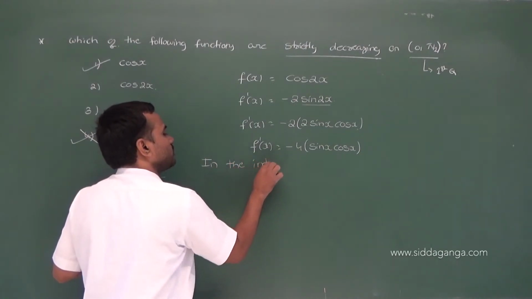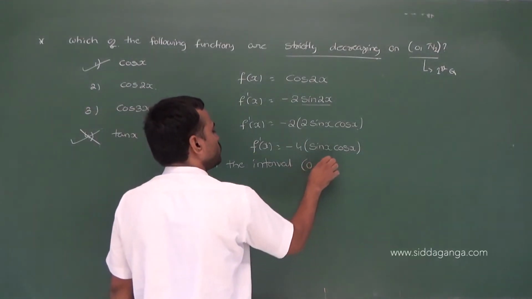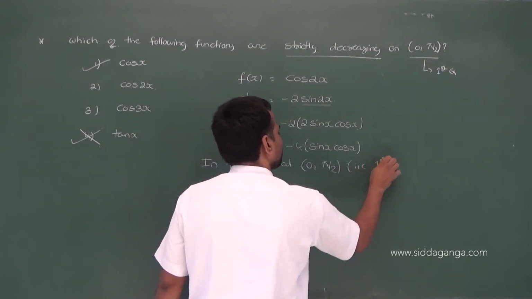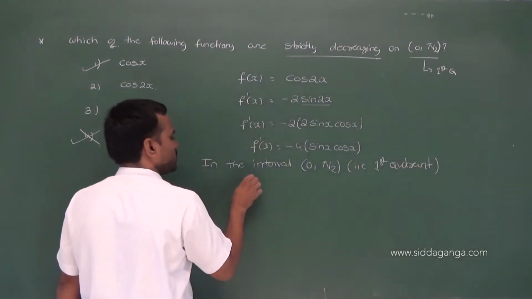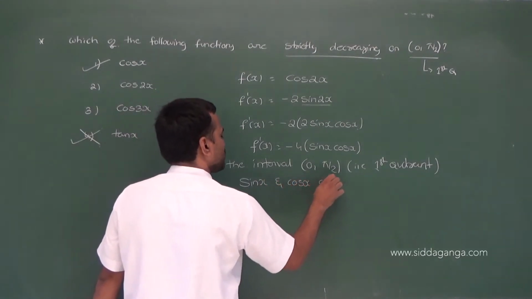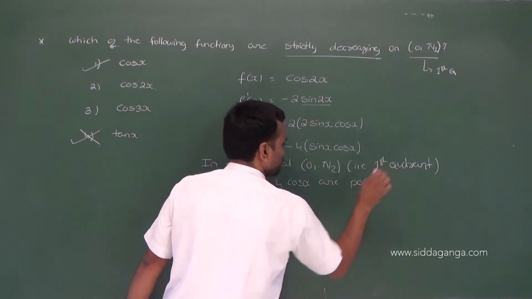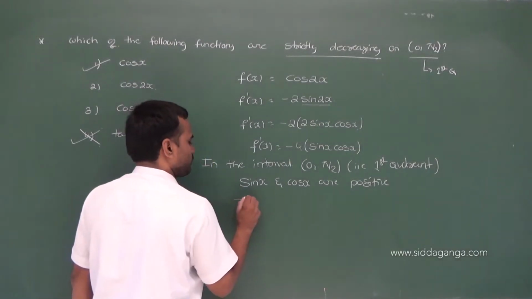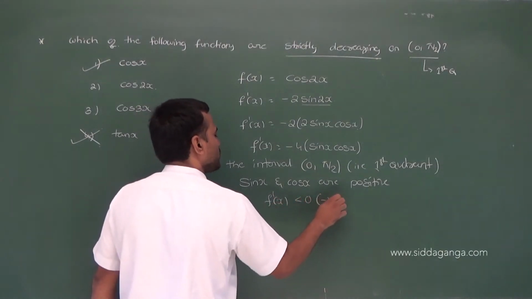In the interval 0 to pi by 2, that is the first quadrant, sin x and cos x are positive. That implies f dash of x is less than 0, negative.